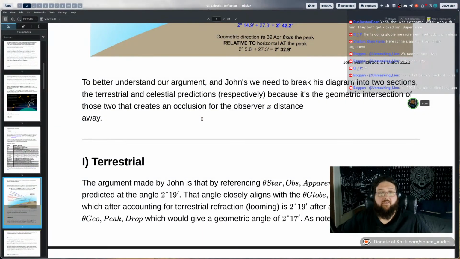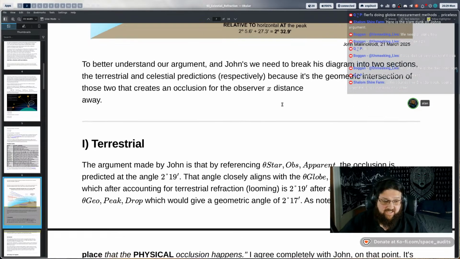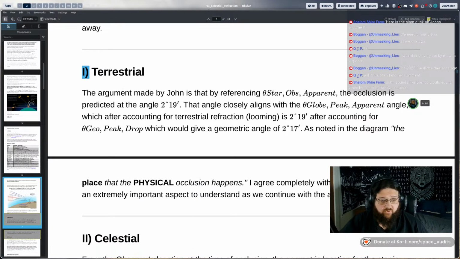So to better understand John's argument, we need to break his diagram into two sections: terrestrial and celestial predictions, respectively, because it's the geometric intersections of these two that creates the occlusion for the observer at x distance away. Beginning with the terrestrial part: the argument made by John is that by referencing the star at the observer location with refraction, the occlusion is predicted at the angle of 2°19'.